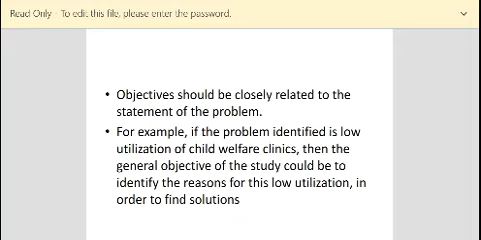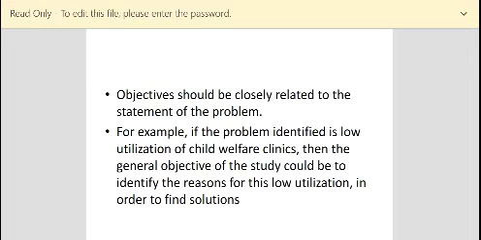Objectives should be closely related to the statement of the problem. When you write your problem statement, it gives you insight into many things, maybe the picture of all that you're going to do.